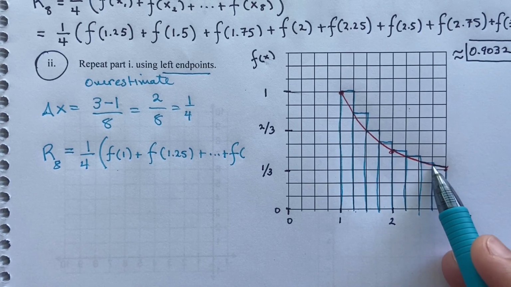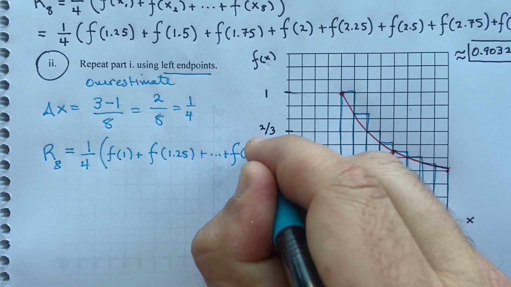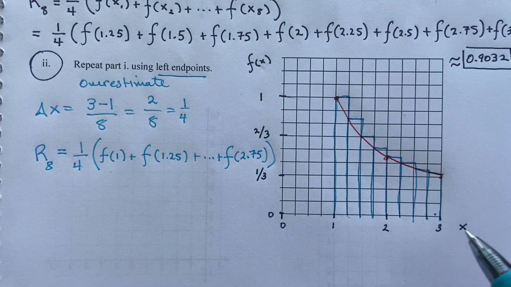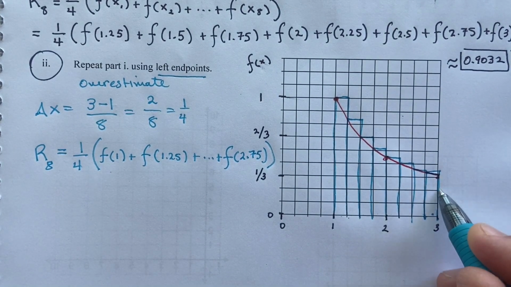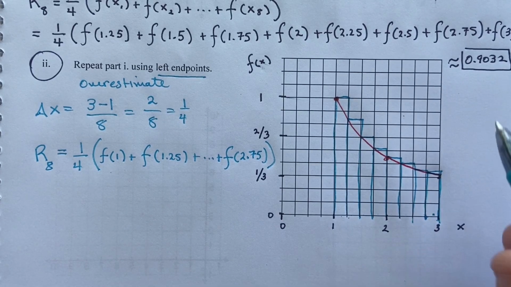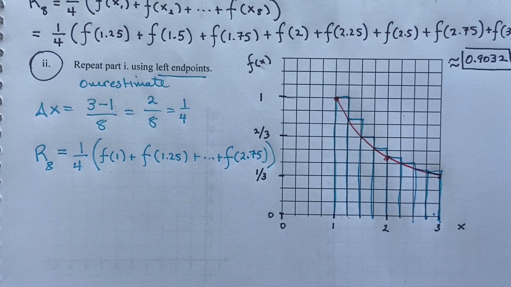So the last one is actually from 2.75. Okay, I don't go all the way to 3 this time, because when I make this rectangle, that gets me all the way to 3. So I don't actually start at 3 and go up. I did in the right endpoints case, but not in this case.